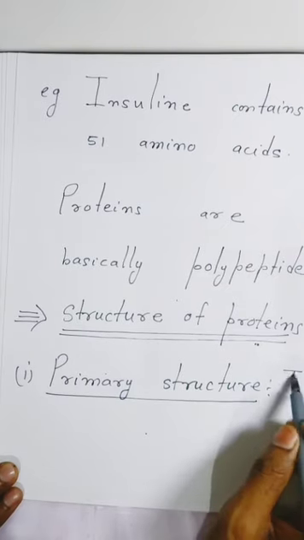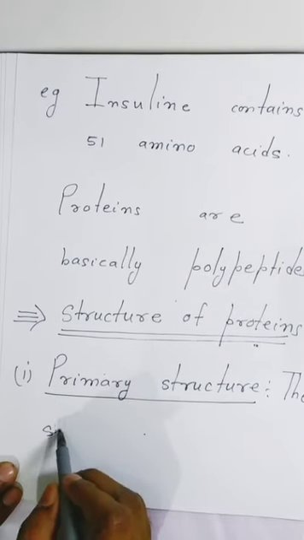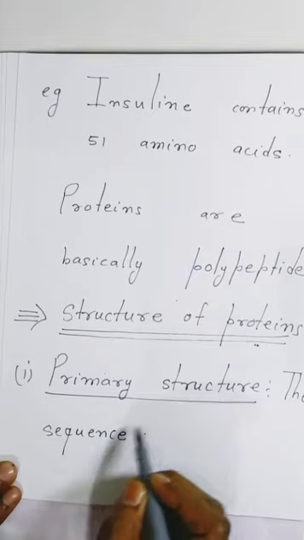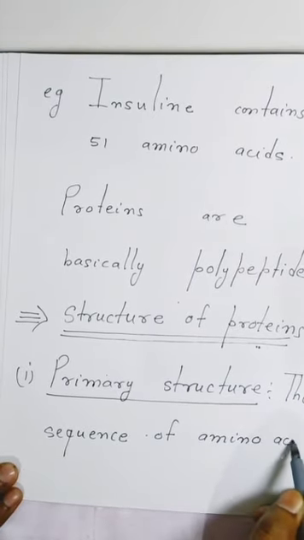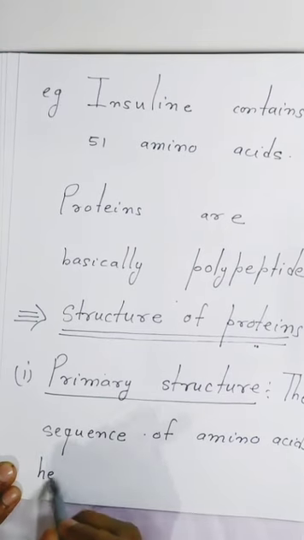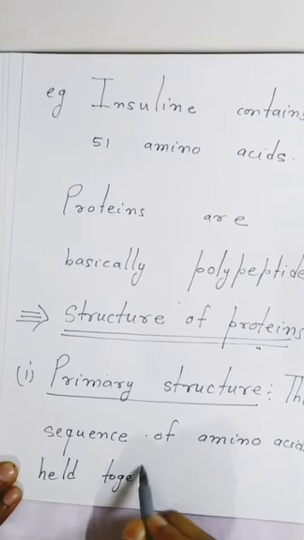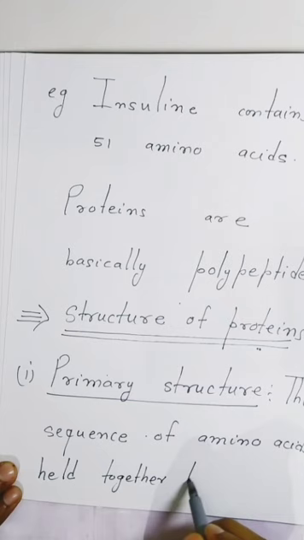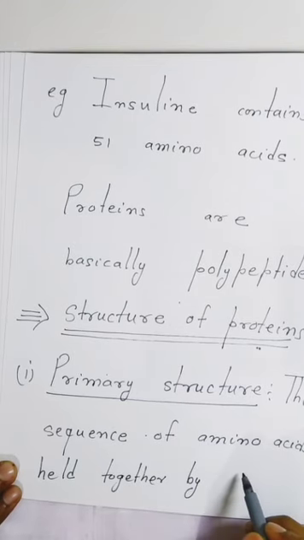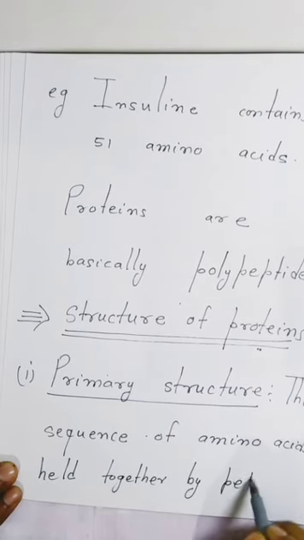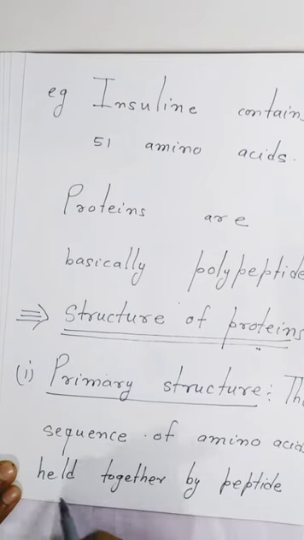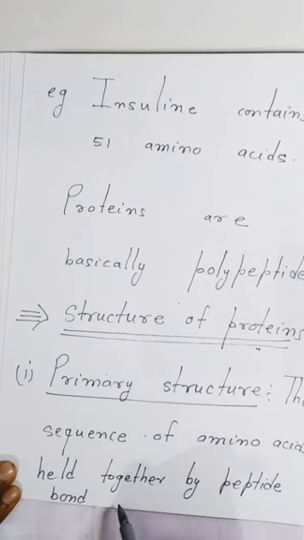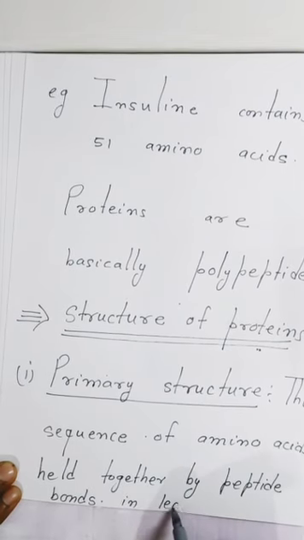When the sequence of amino acids is held together by peptide bonds, so many peptide bonds, in linear form.